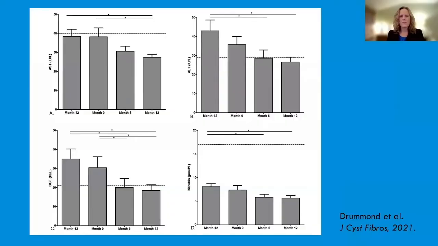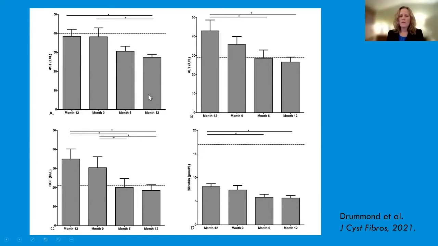This is a diagram from their study showing AST, ALT, GGT, and bilirubin. The first columns represent a 12-month pre-treatment value. The second bar represents the value at the time of initiation of treatment, 6 months and 12 months post-treatment.